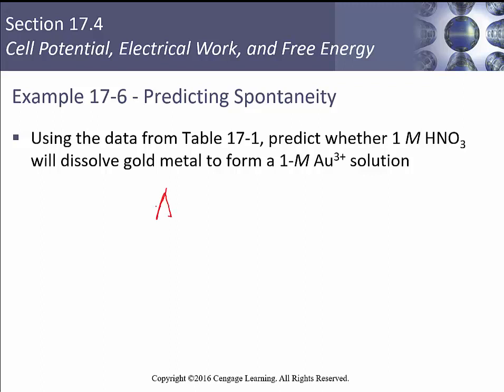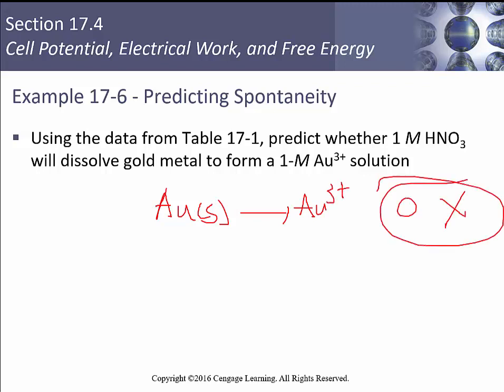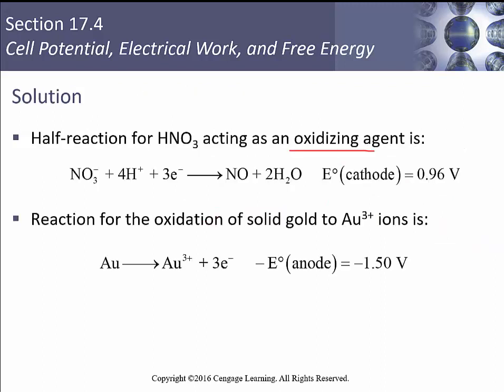Because we're going from Au solid into Au3 plus. We are saying that the gold has to be the oxidation process. Ordinarily, if we were free to let nature take its course, we pick whichever one's going to be the most positive. Here we're saying Au has to be the oxidation, which means that the HNO3 is going to have to be the oxidizing agent, which means it's got to be the reduction.